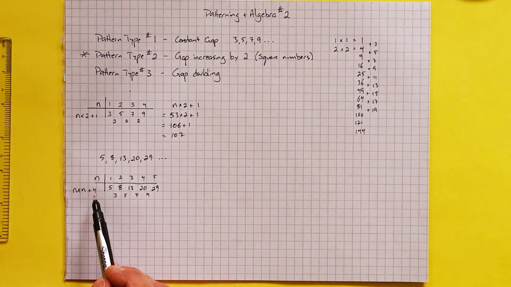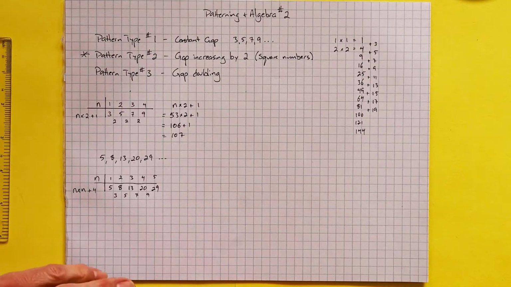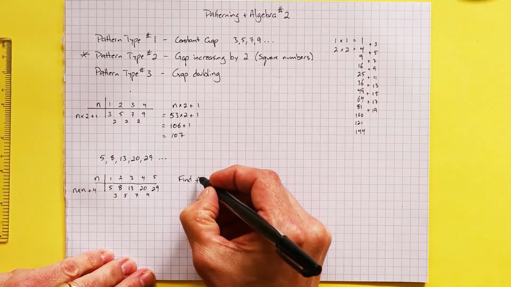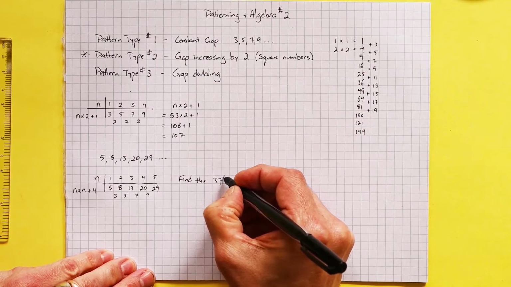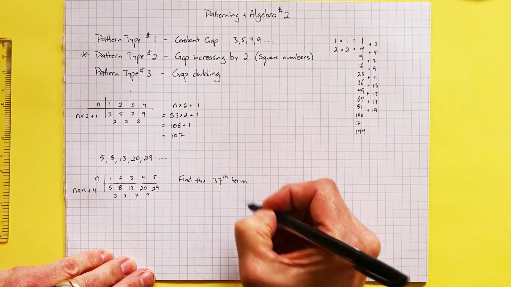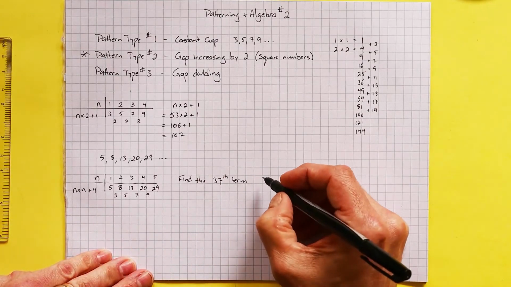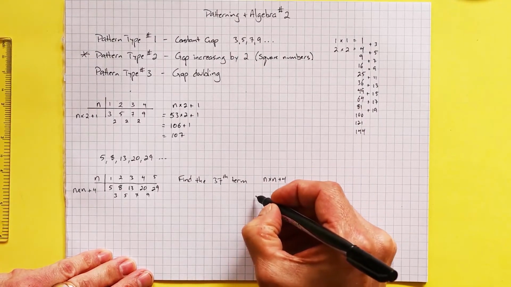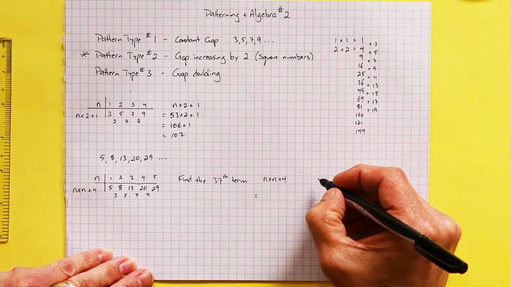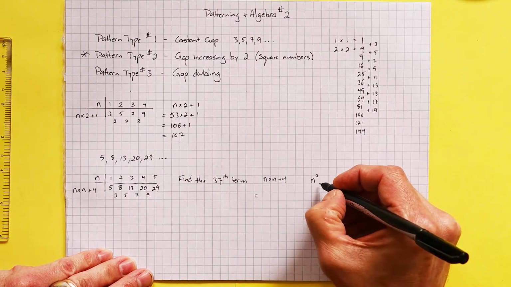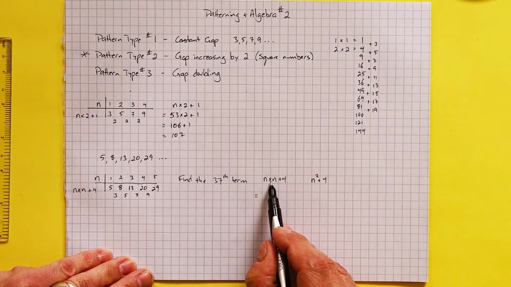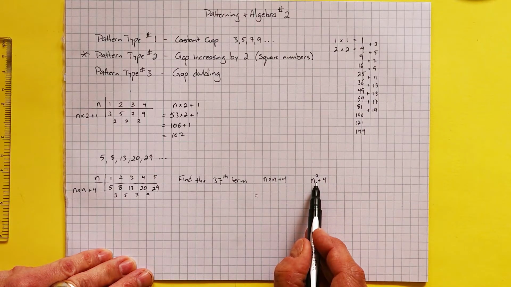This is our expression. Let's imagine that we were asked now to find the 37th term. We begin by writing out our expression, which is n times n plus 4. Some of you might like to write it as n squared plus 4, because of course these two mean the same thing.